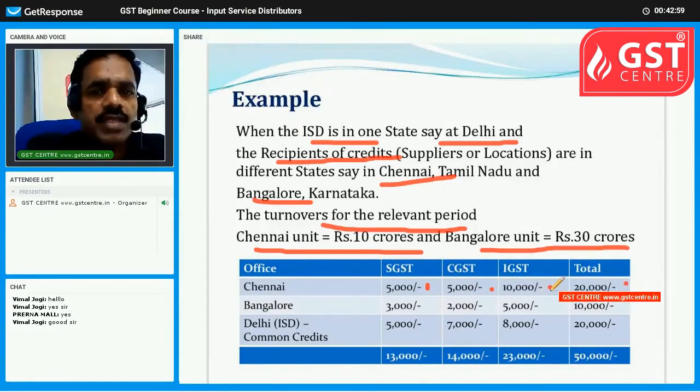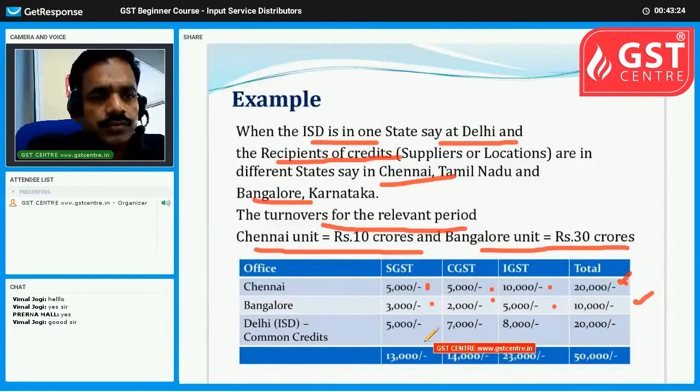So all these taxes can be availed as input tax credit by the Chennai office. Total is 20,000. Then regarding Bangalore, Bangalore had a local purchase and paid SGST and CGST amounting to 3,000 and 2,000. And they also purchased from outside the state, for which they paid IGST. So the total amount is 10,000.